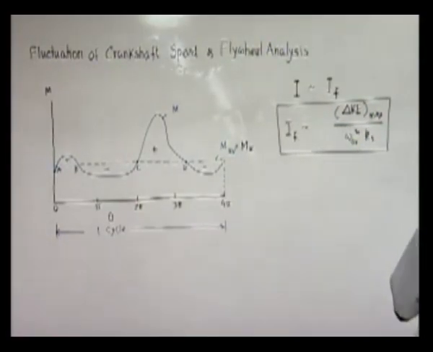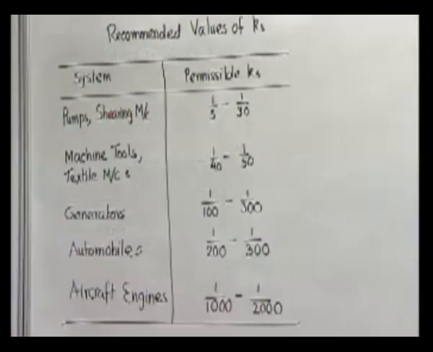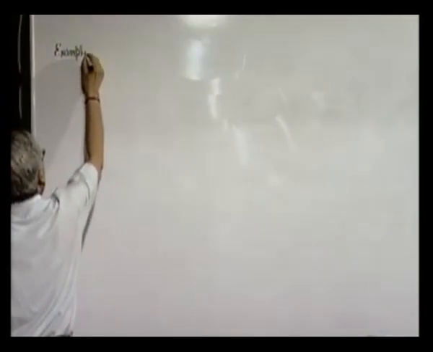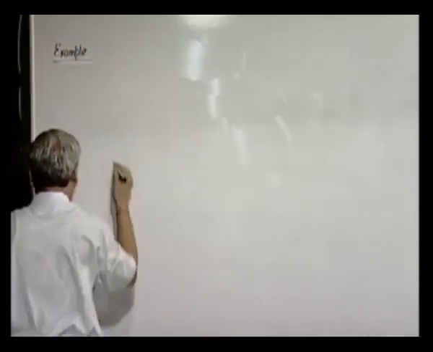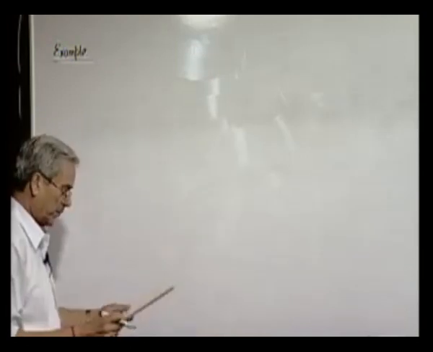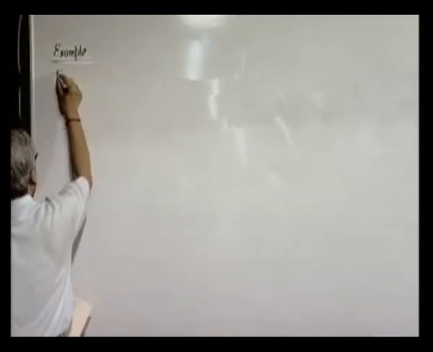Now let us consider just how to use this. One example let us solve. Let us take the case of an engine. The engine runs at 800 RPM.